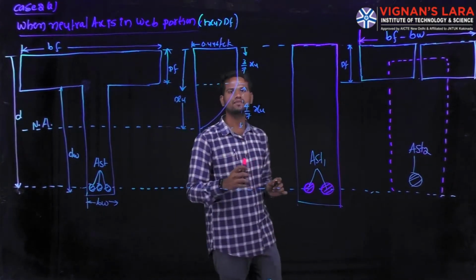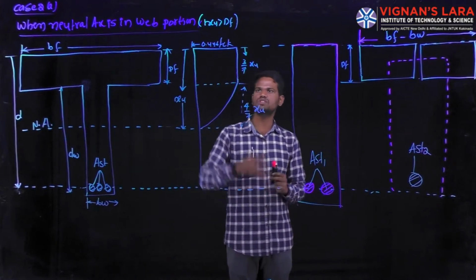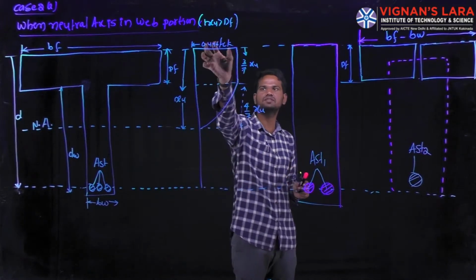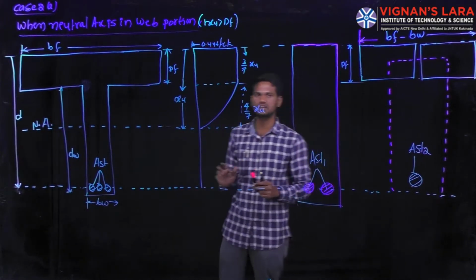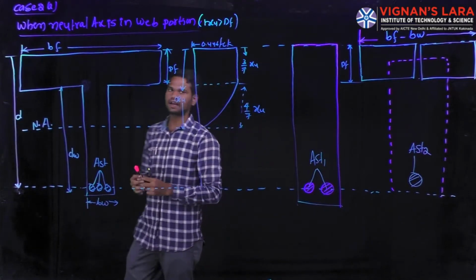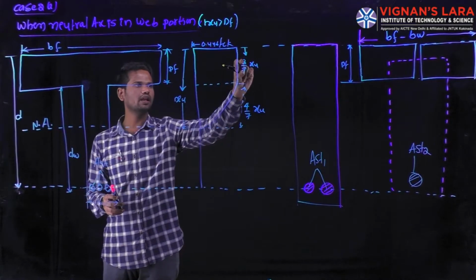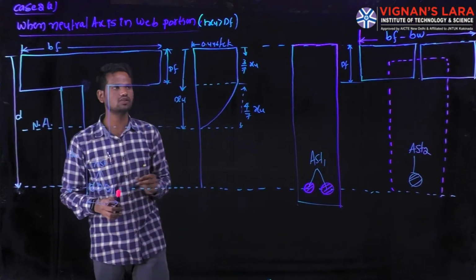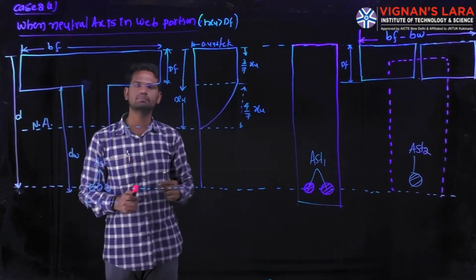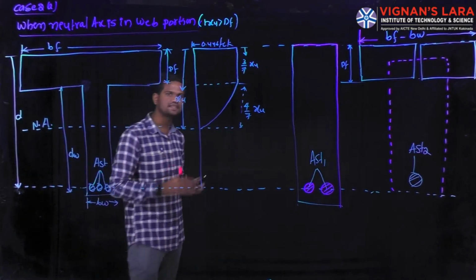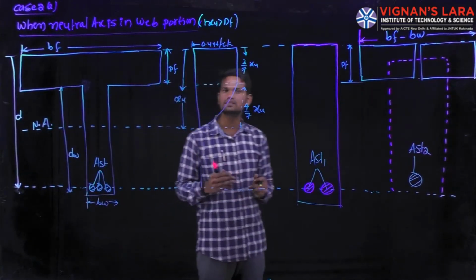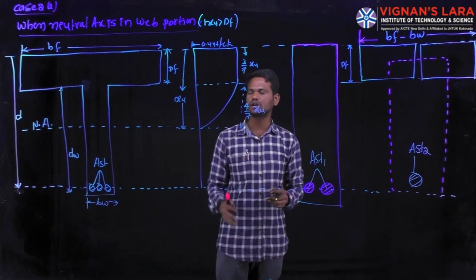And from strain of 0.002 to 0.003, for the stress of 0.446 fck, the stress block is rectangular, having a width of 3 by 7 of xu, where xu is the depth of the neutral axis. The neutral axis is the axis which divides the total compressive force and the total tensile force.